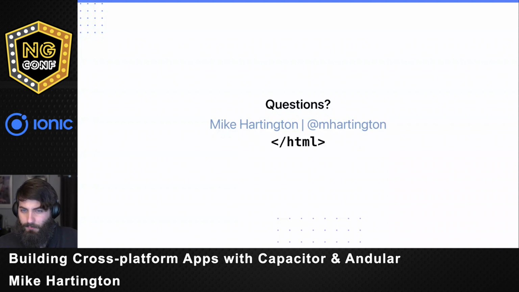Are there any helpful tools in creating assets for your app, i.e. the icons and splash screen? Yes, we have a tool, unfortunately named Cordova Res. You can install it with npm install -g cordova-res. Yeah, I'll send that to you.